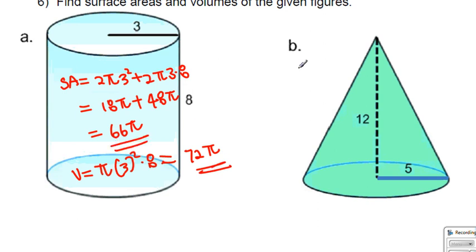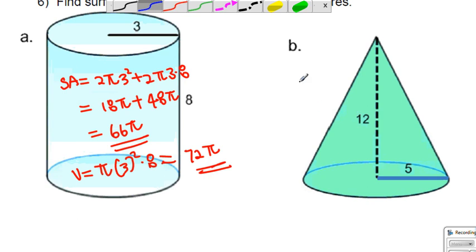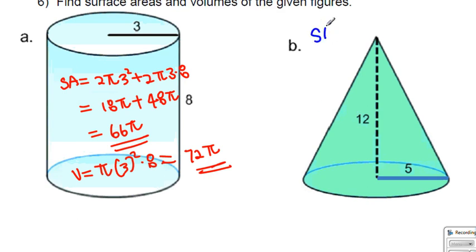All right. Now, number B, here, to find the surface area. Surface area is basically the lateral area, which is the side one, plus the area on the bottom. Lateral area is pi r, which is 5, times the slant height. Aha, wait a minute, what is the slant height here? You will realize that this is a right triangle of 5, 12, and then the opposite side becomes 13.